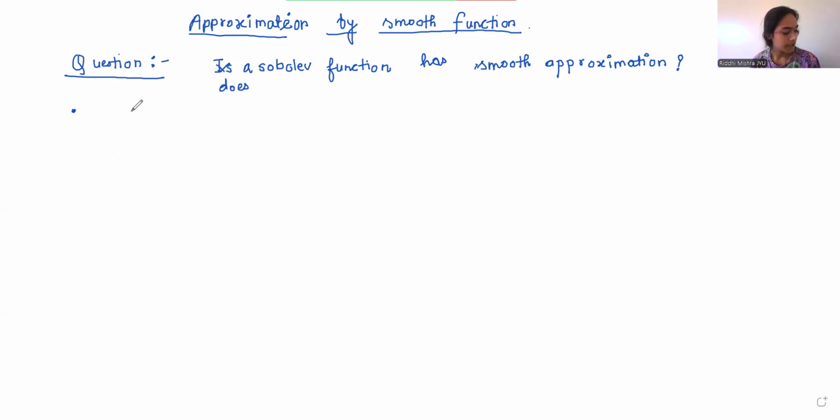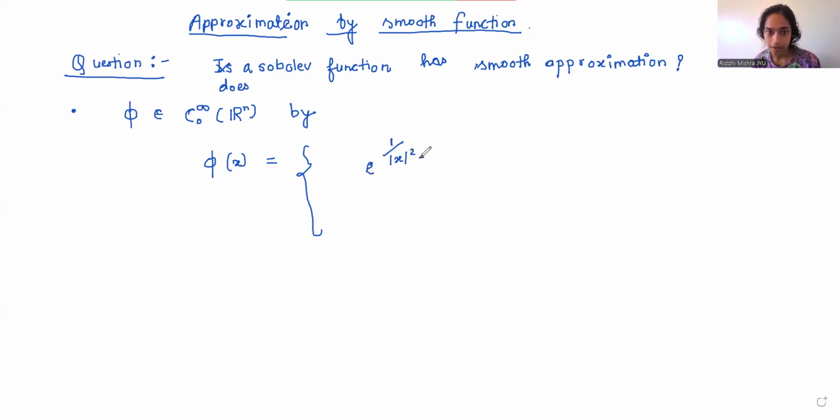So we consider on Rn the function phi given as an exponential function times some constant C whenever x is in the unit ball, and 0 outside of this unit ball.